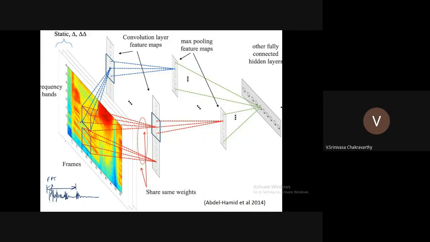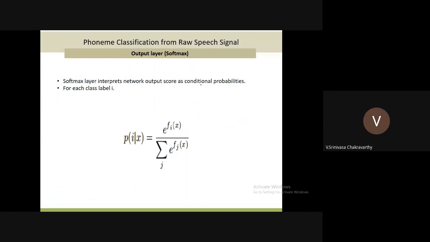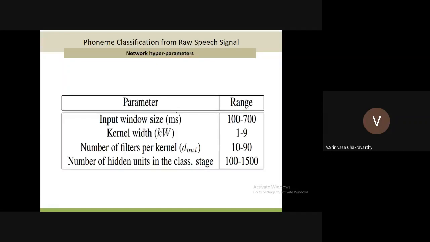It is combining the time domain and frequency domain in the same window, taking that as input and computing the response of the neuron. After that, it is just straightforward. These kinds of networks are quite powerful. It's a very simple architecture, but quite powerful for this problem. The final layer is a softmax layer, just as you generally use softmax if you are applying it to a classification problem.